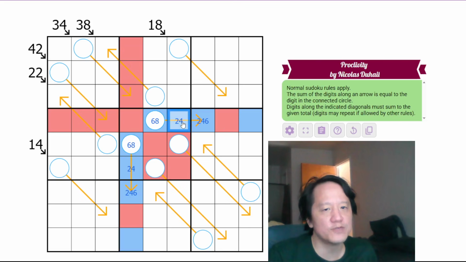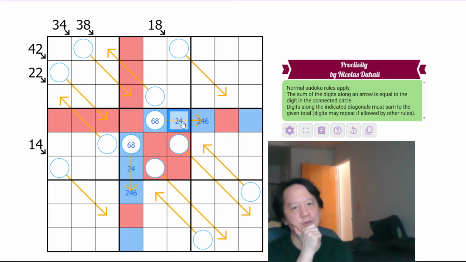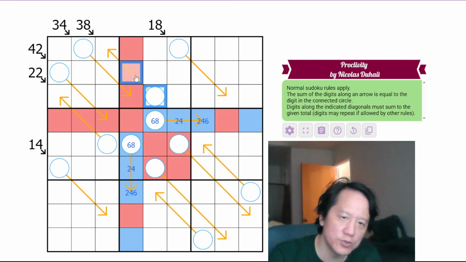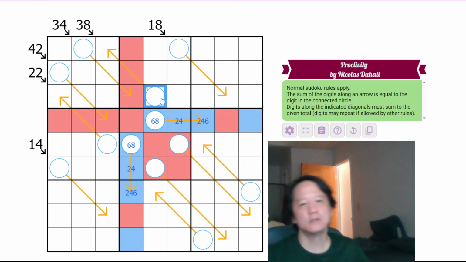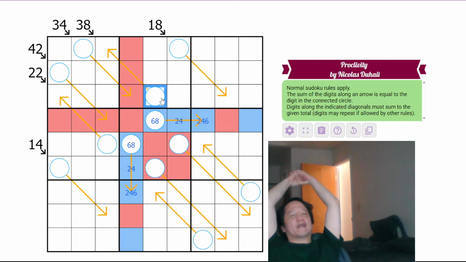What happens if we have 2 here? That would be 36. So this is 2 times this digit and 2 times that digit. So 2 would require them both to be 9?